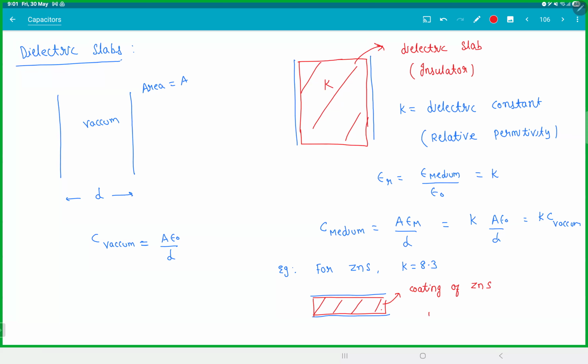This also makes the plate distance between them constant, and it gives some kind of strength to the whole capacitor. If you apply some force, it doesn't collapse. So this actually has a lot of advantages. Even if you don't need it, people prefer to put a material for other purposes.